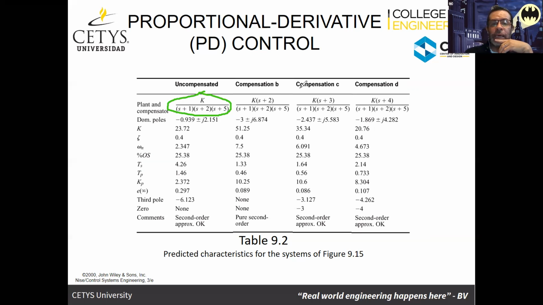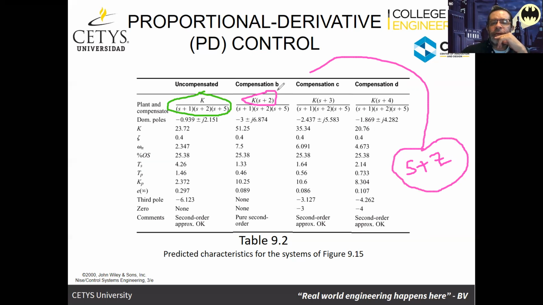And what does that mean? It means I'm just adding in the numerator something that looks like S plus Z. I already have a constant here, K, so the derivative constant is kind of absorbed by that one, and I still have a constant K.